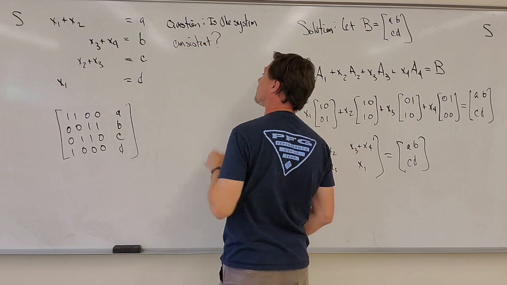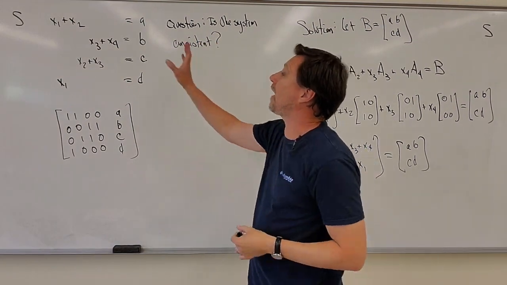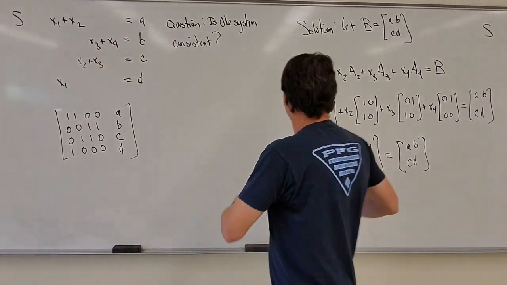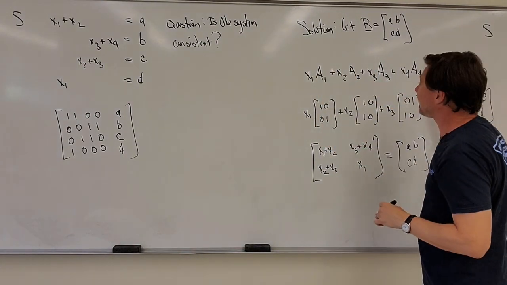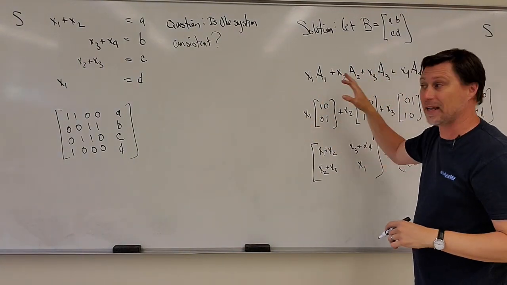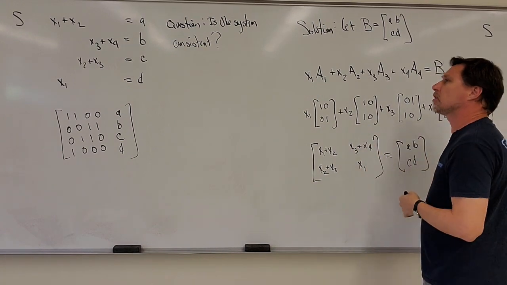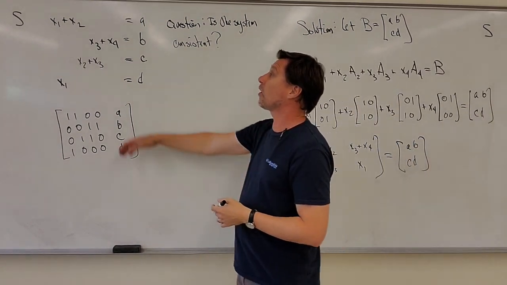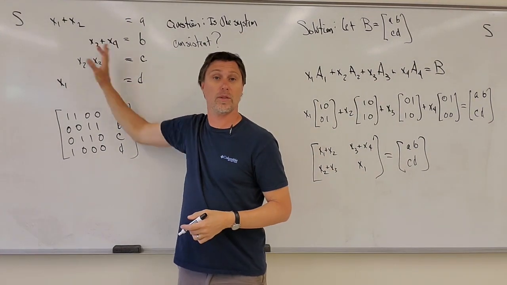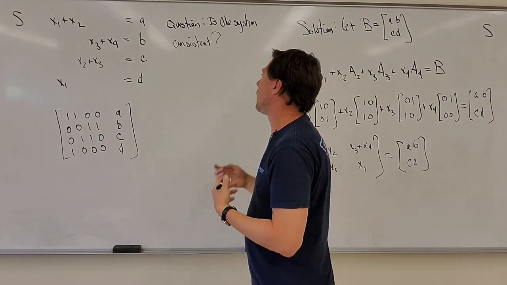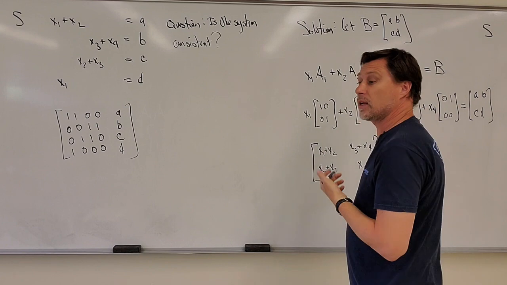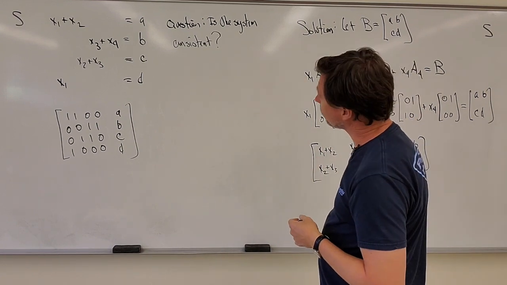If the system is consistent, that tells us that there is an x1, x2, x3, x4 that solve this, which means that B lies in the span of our set capital S, which means that S is a spanning set. If, for some choice of A, B, C, and D, there is no collection of x1 through x4 that satisfy it, then we would say it's inconsistent, which means that we do not have a spanning set.